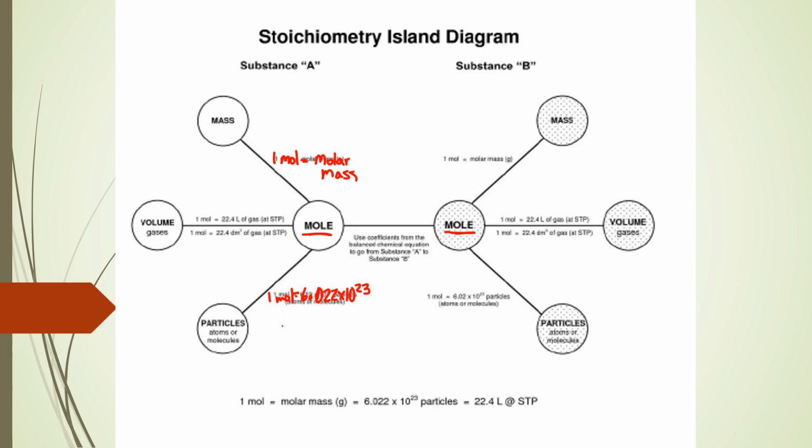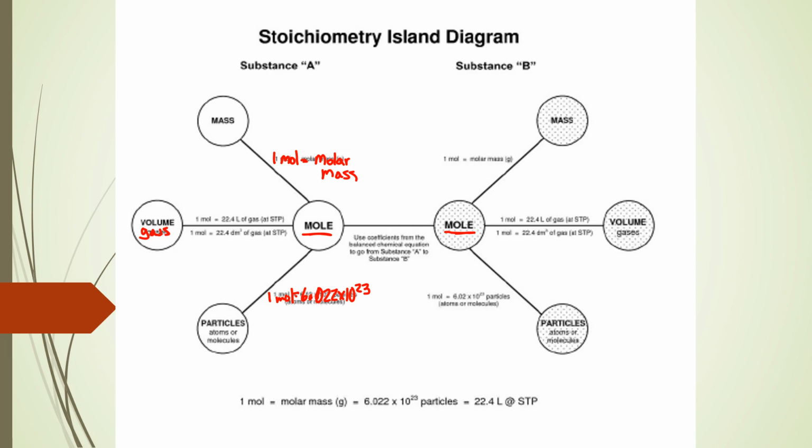So 1 mole is Avogadro's number of particles. Remember, particles can be atoms, molecules, ions, formula units, things like that. Now, we have done volume a little bit differently. This is just strictly talking about volume of a gas.